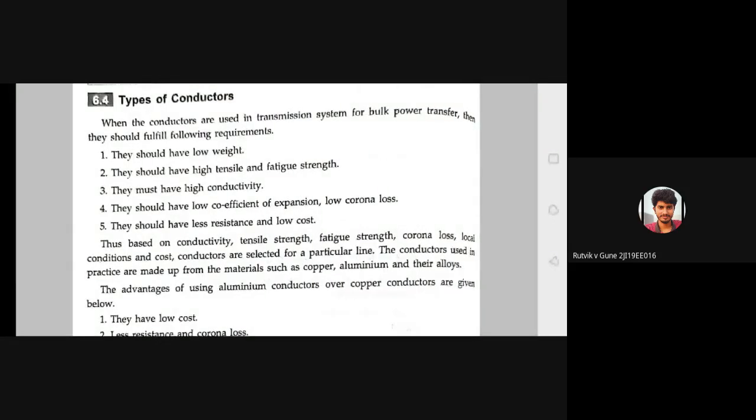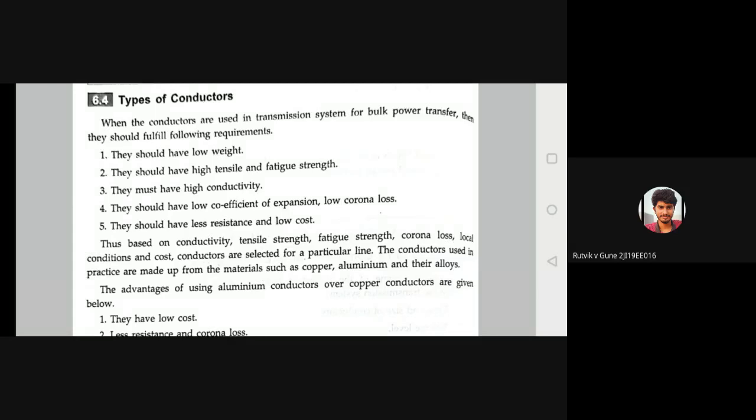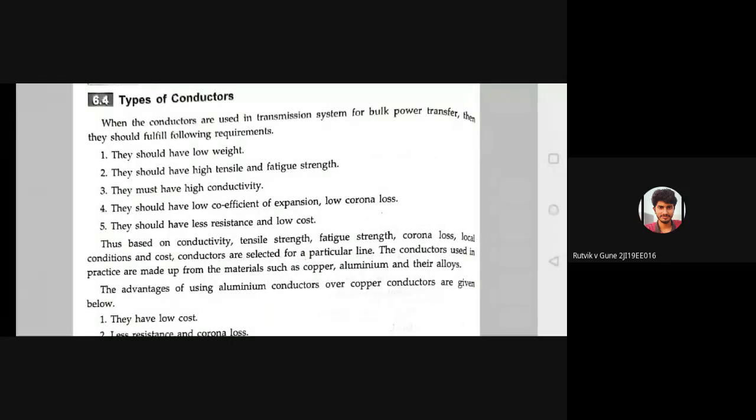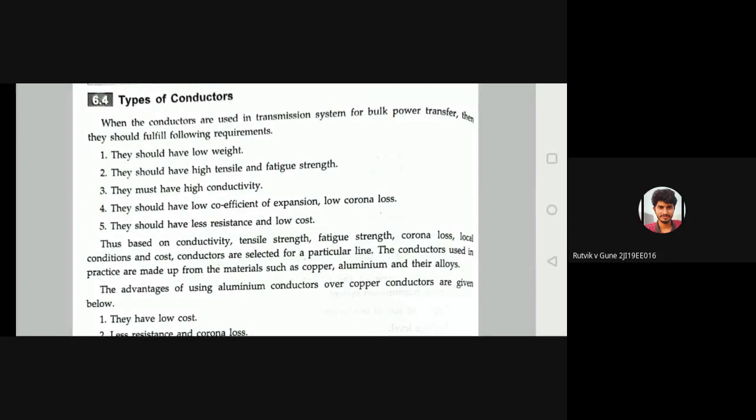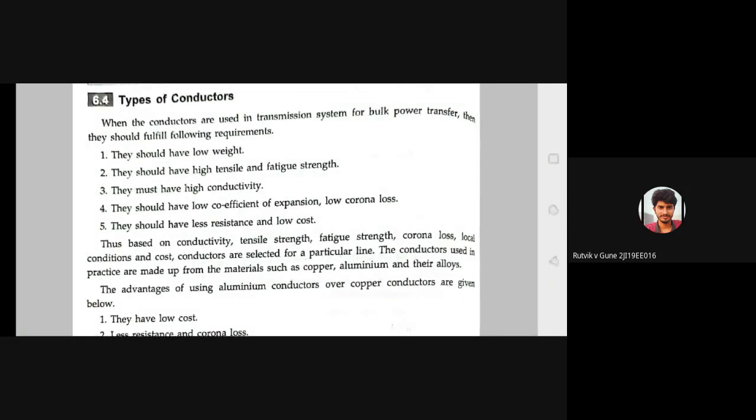I'm not telling anything from the book, just listen to me. We want a conductor of low weight, low cost, and at the same time, tensile strength should be high. So definitely in aluminium, copper, and different metals, all these qualities will not be found.